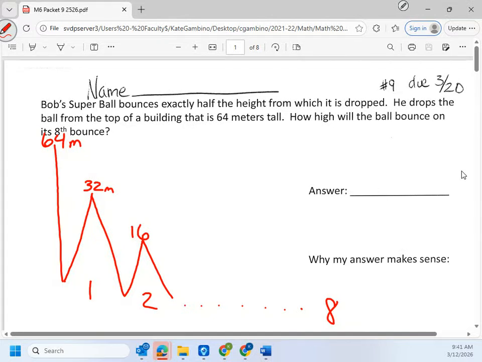When it gets to the end of its bouncing, it's really teeny tiny bounces. So you're gonna end up with a teeny tiny number, and that's okay. Right? As that ball bounces, it gets smaller and smaller and smaller. It will be a little itty bitty bounce. So keep dividing down till you get to that 8th bounce.